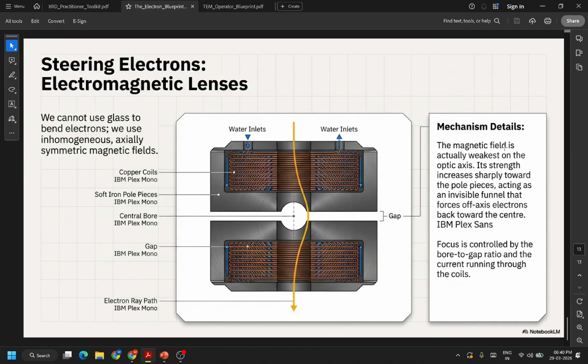It is weak in the middle and strong out near the electromagnet pole pieces. So the electrons going away from the center are pushed back towards the center, and focus is controlled by the bore to gap ratio and the current running through the coils.